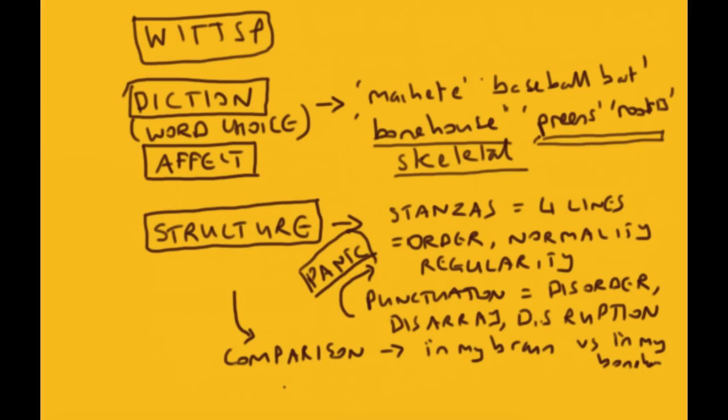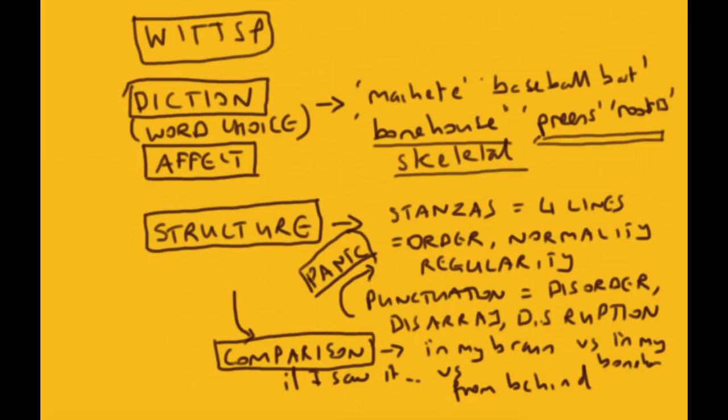If you then consider if I saw it, I'd fend it off, versus it approaches me from behind, so more stealthily. So there's the use of juxtaposition, perhaps, or comparison in the structure of the poem, which also lends weight to the image that the poet is creating in the reader's mind.